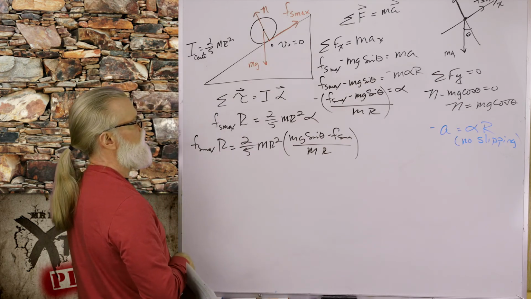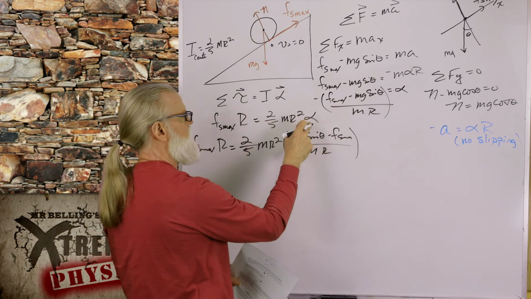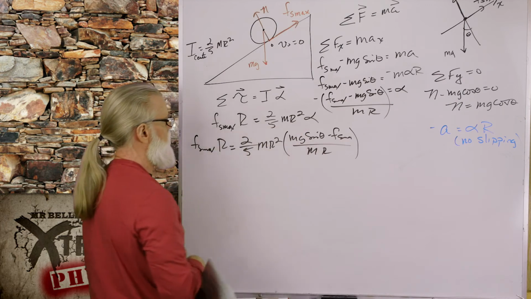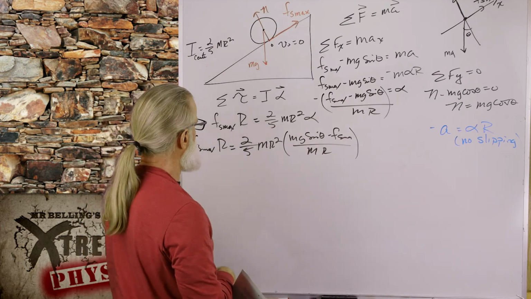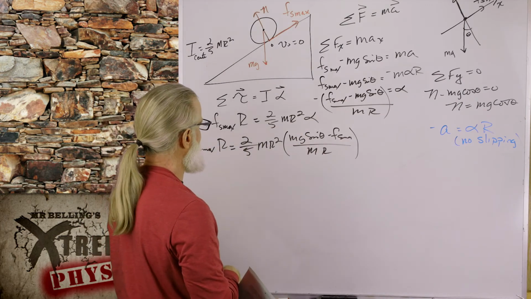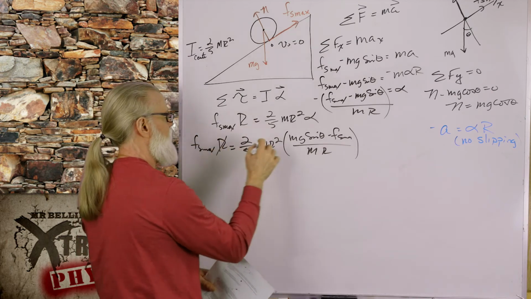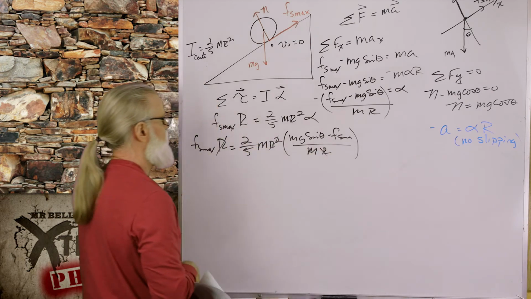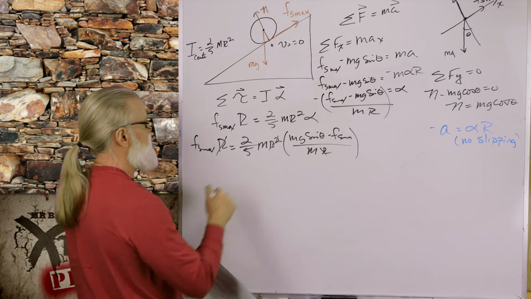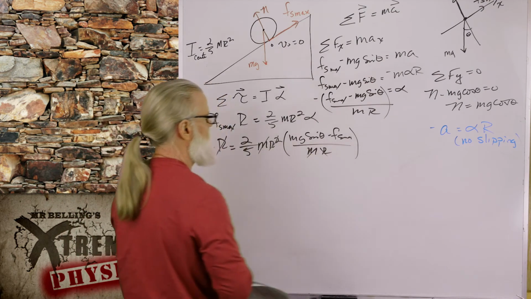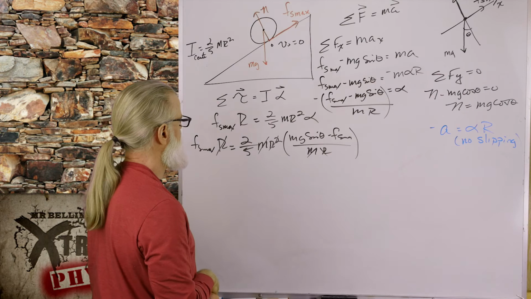Right, just putting that in there. Substitute. Let's see, do our r's go away? Yeah, I think they do. We lose our r's, that's good, and it looks like we lose an m too. Beauty.